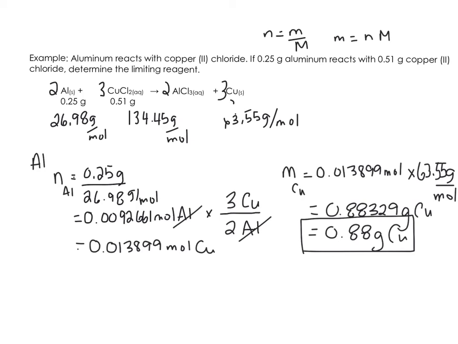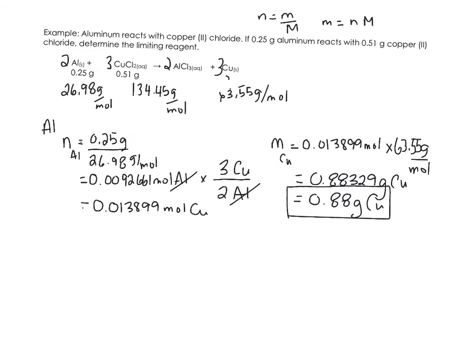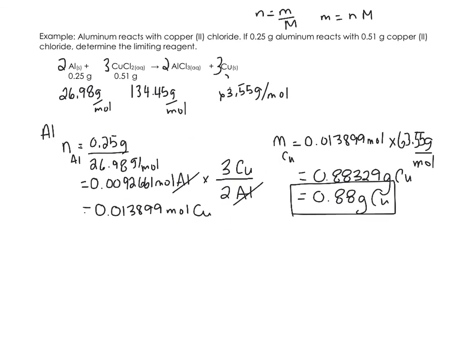Okay, now we're going to repeat this for copper 2 chloride. All right. So now we have, I'm going to put CuCl2. Moles is equal to 0.51 grams divided by 134.45 grams per mole.